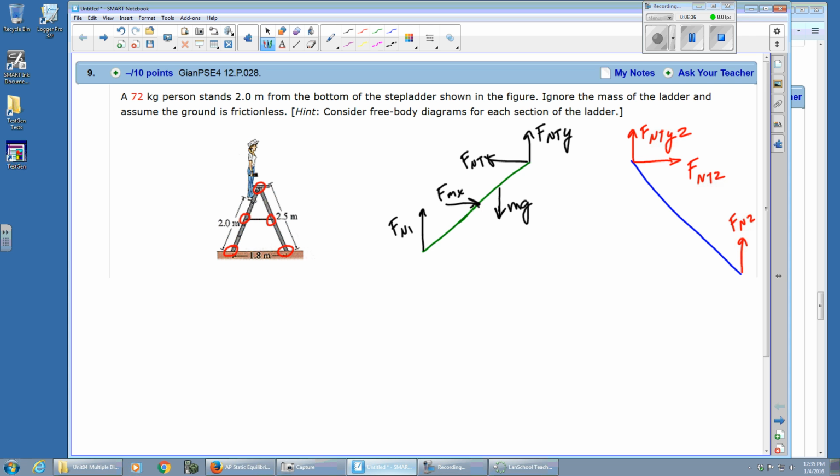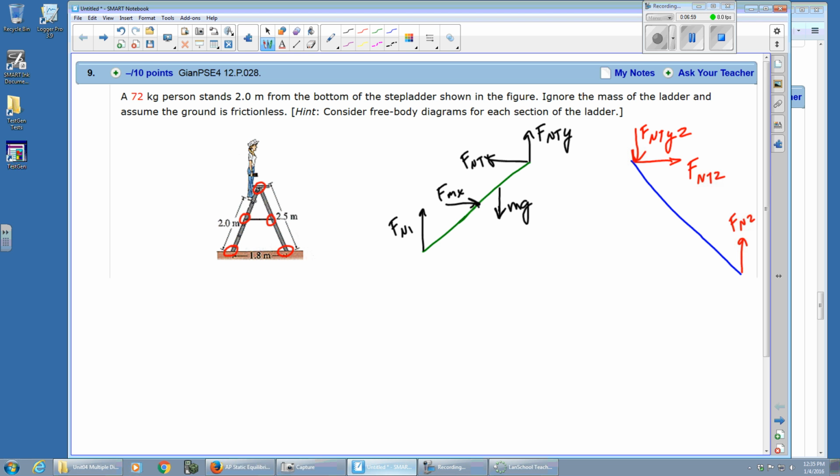And then we would have to have one up here, but it would have to be in the other direction. But then, I'm taking the simpler case first.